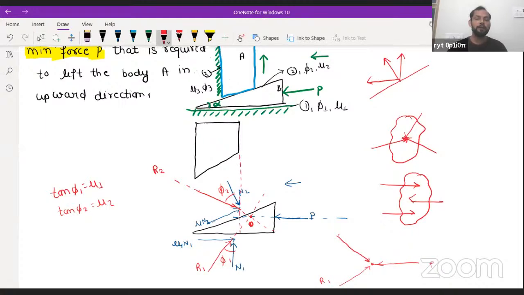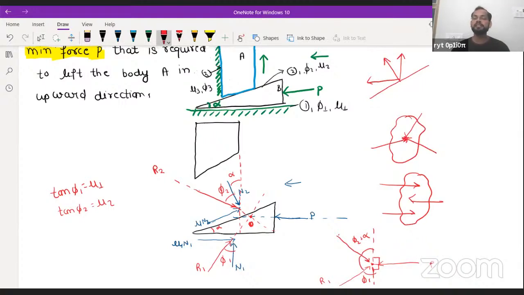As you know, if this angle is alpha, then obviously this angle will also be alpha. That means R2 is making an angle of phi 2 plus alpha with the vertical, and R1 is making phi 1 angle with the vertical. Is it okay? This angle is 90, this angle is 90, and this angle you can easily calculate.